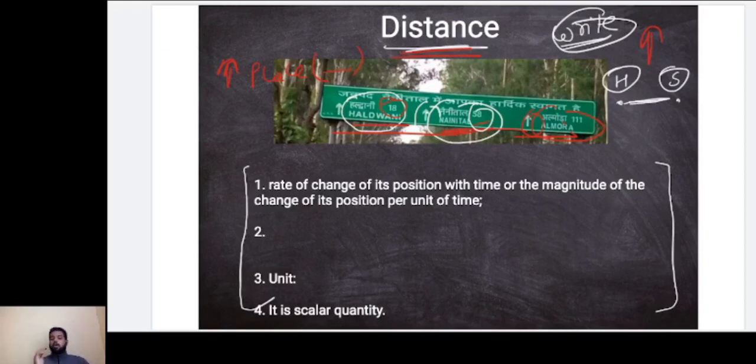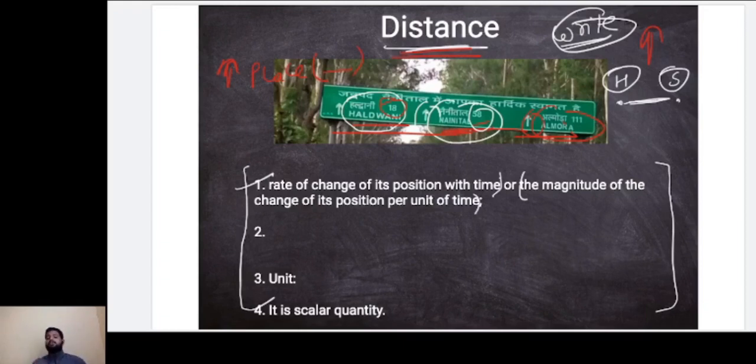This is called distance, and you can read the bookish definition over here. I want you guys to read with me that distance is the rate of change of position with time. This is one definition, and if you write this much, it's more than enough. The other is the magnitude of the change of its position per unit time.